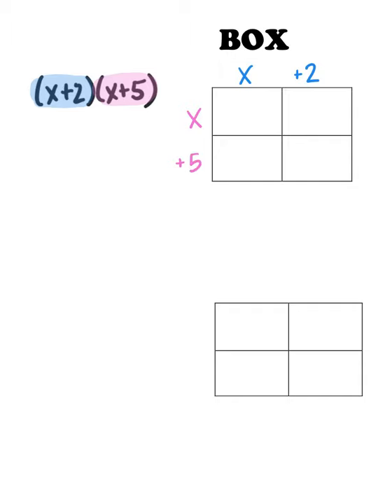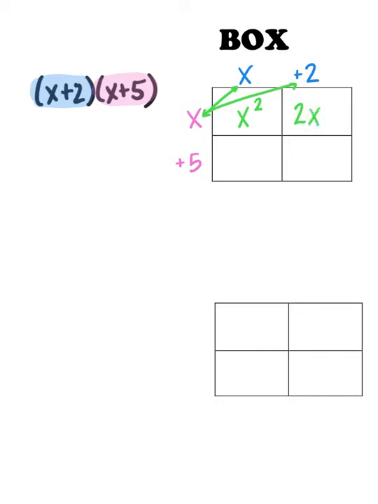Okay, so now what we're going to do is multiply within the box. So in this box, I'm multiplying my two x's. So that goes in this box. So I get x squared. Then in the box next to it, I'm multiplying my x times 2. And I get my 2x.